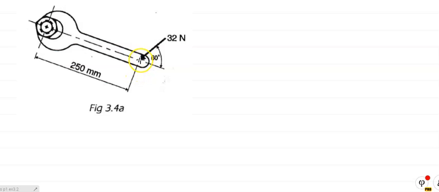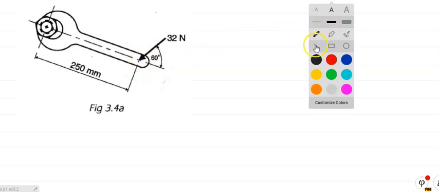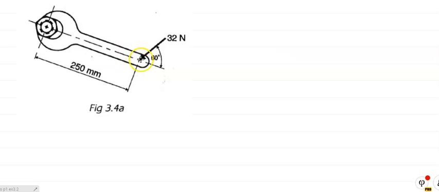So what we're going to do is draw a line. I'm going to extend the line of action of that force, and then draw a line through the point of rotation at right angles to that force, and there's my right angle.